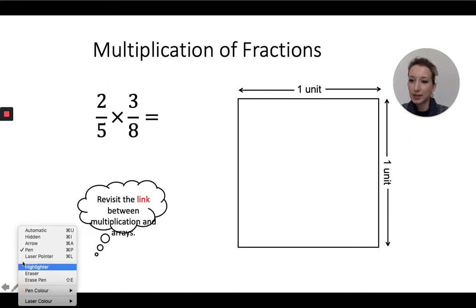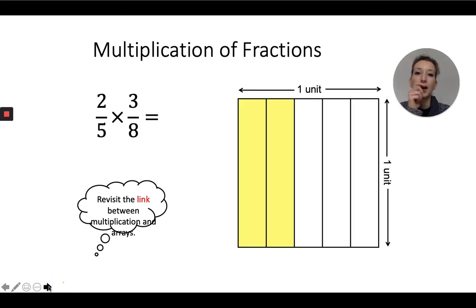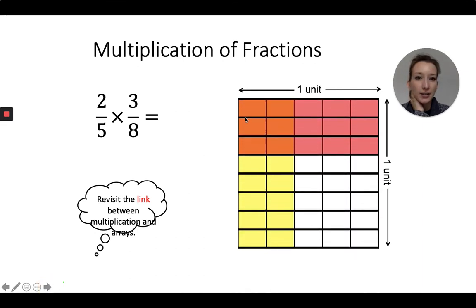And then we divided it into fifths. So we've got 5 parts here and 2 are shaded. And then in the other direction we add our eighths. So we've got 8 parts going in rows and 3 are shaded.